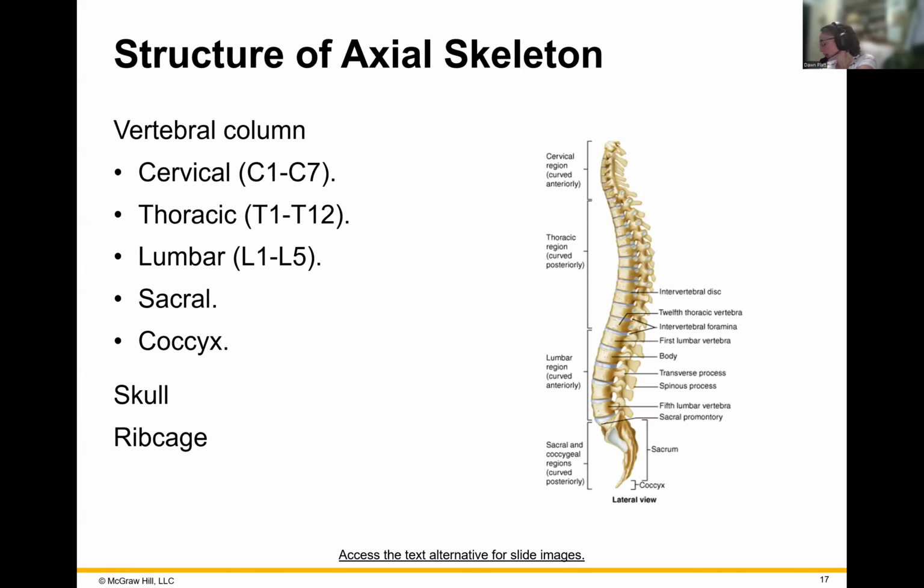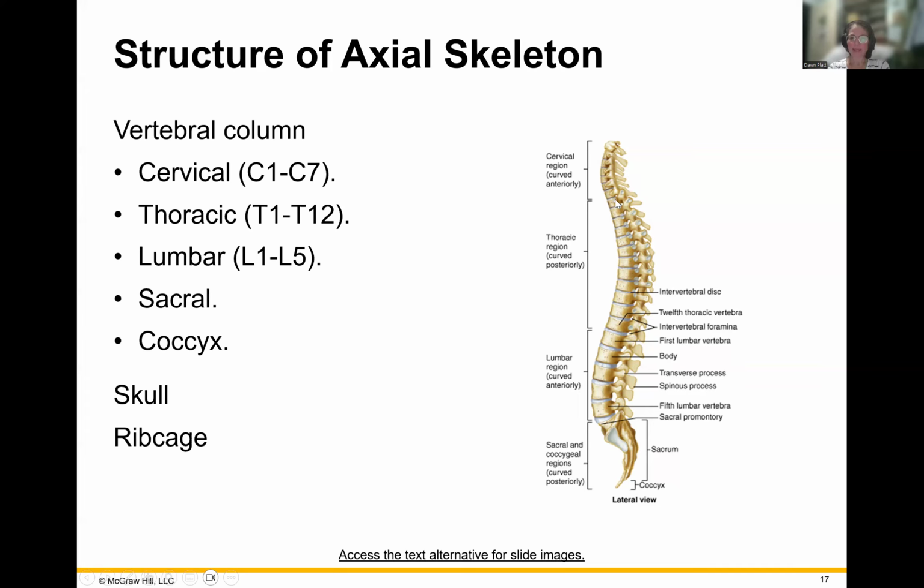All right, so let's identify the differences between the axial and the appendicular skeleton. The axial skeleton refers to our skull, our rib cage, and our spine. If you look on page 470, there's a picture of the spine. It has five different sections. Our top section is our cervical section, which is in our neck, and we have vertebrae C1 through C7.